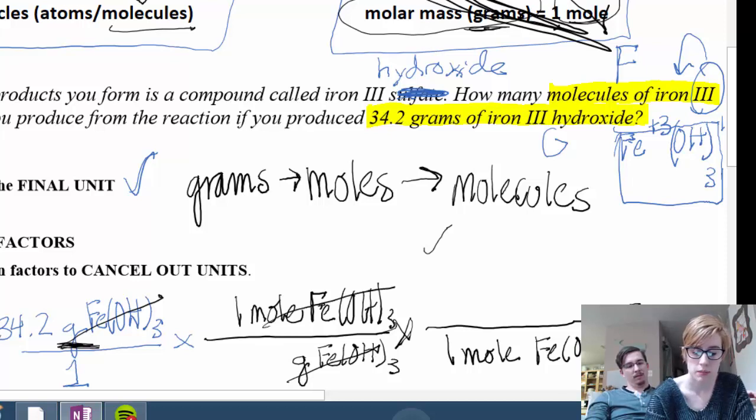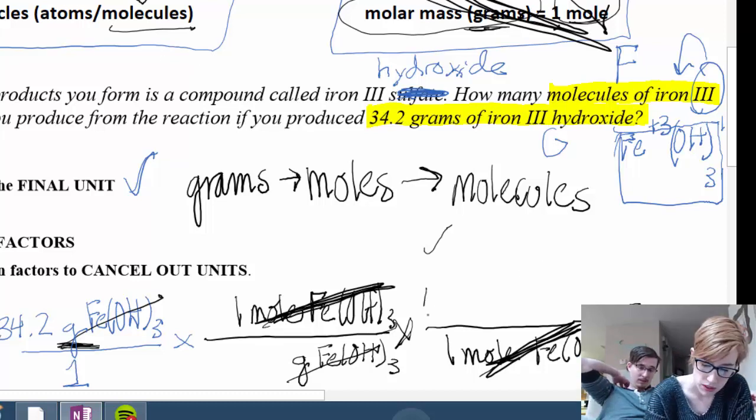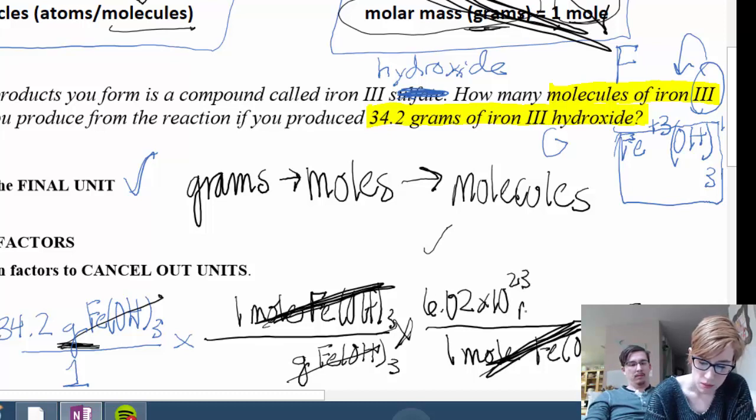Since mole is on the top here, I need to cancel it out by having mole on the bottom on the next one. So since we've used moles, what does that leave to go on the top right here? 6.02 times 10 to the 23rd. Molecules, right. So we put 6.02, Avogadro's number, 10 to the 23rd, molecules of FeOH3 goes here.